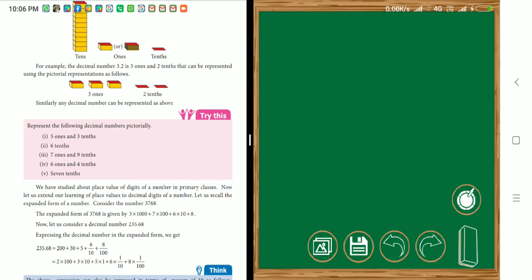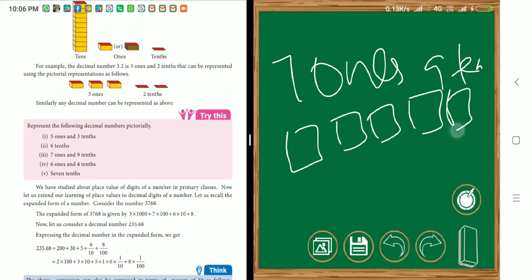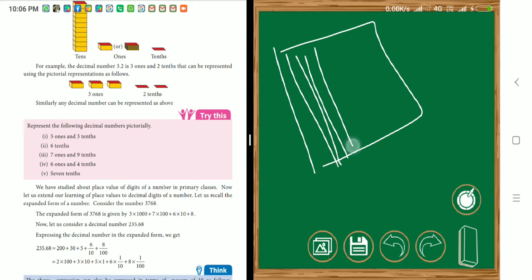Same way, 7 ones and 9 tenths. 7 ones: 1, 2, 3, 4, 5, 6, 7. This is for 7 ones. Then what about the 9 tenths? 1, 2, 3, 4, 5, 6, 7, 8, 9, 10.